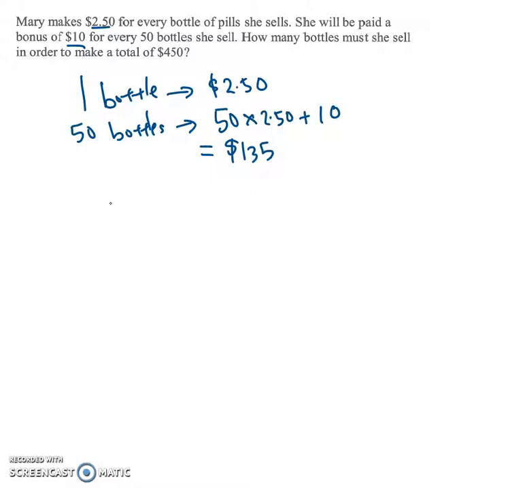So now you need to make 450. So I take 450 divided by 135. And I know I only want the whole number. So it's 3 and some remainder. But I'm only interested in the whole number. So I'll take the whole number, 3, multiply by 135, and that is $405.